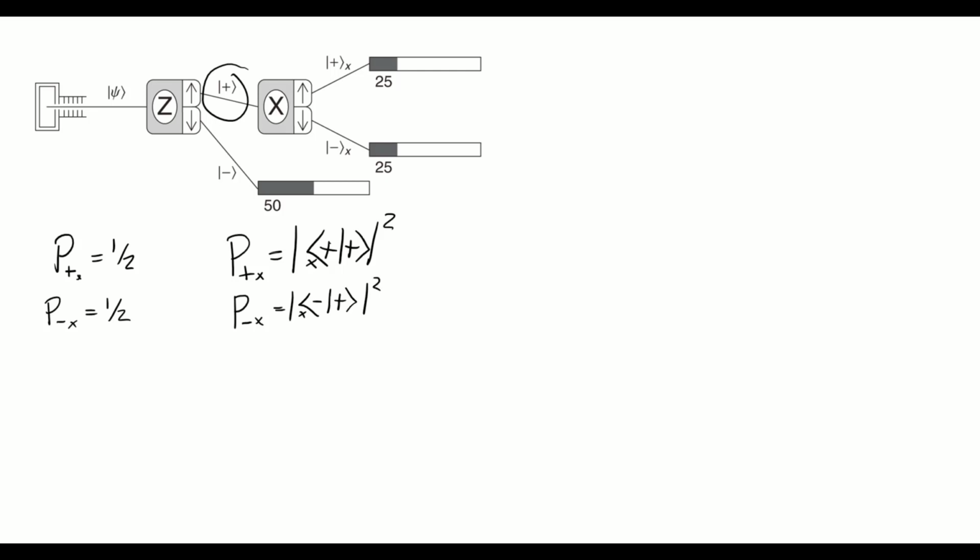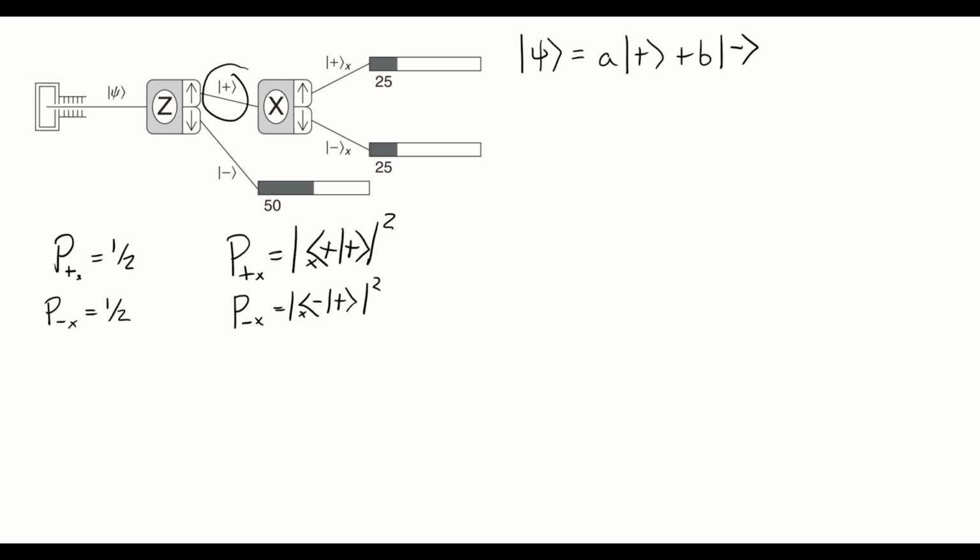The problem is we don't know what these state vectors are. We don't know what a spin up in the x direction state looks like, or the spin down in the x direction state. But what we do know is that any state in our Hilbert space can be described as a linear combination of our basis vectors, the spin up and the spin down in the z direction states.